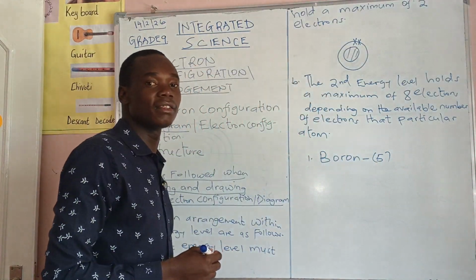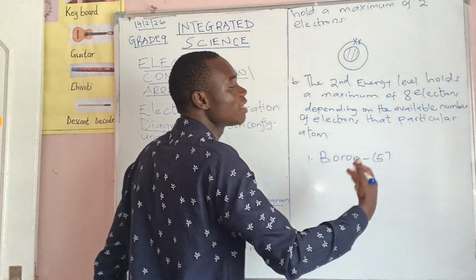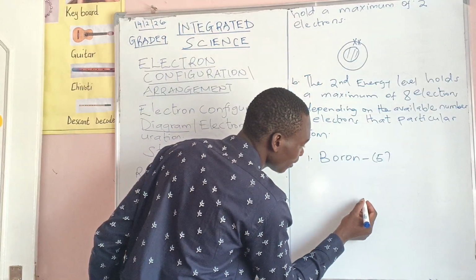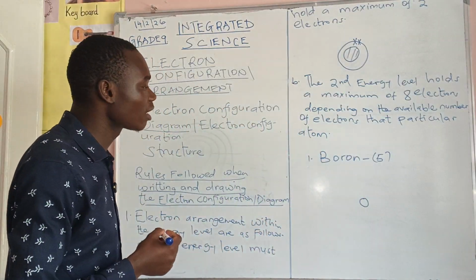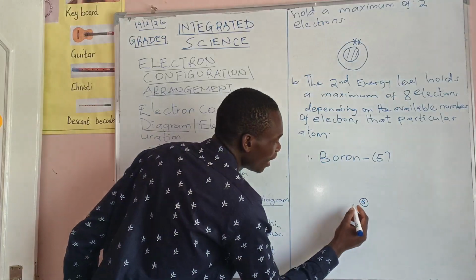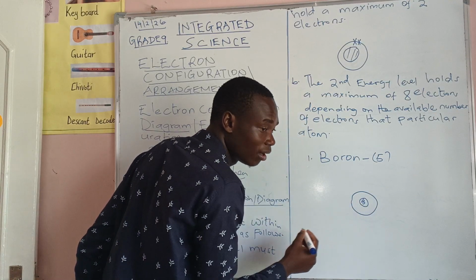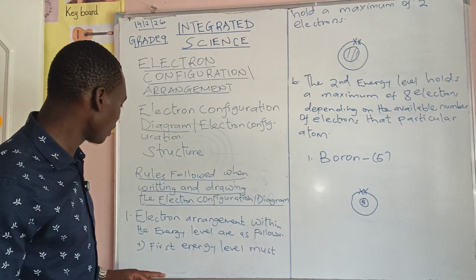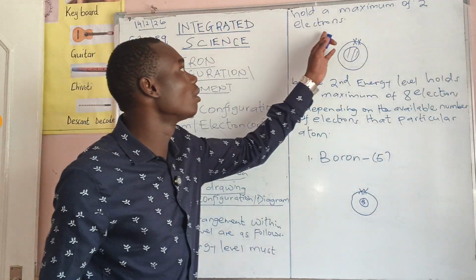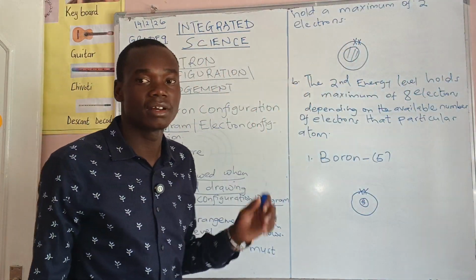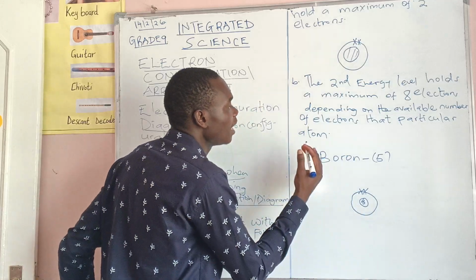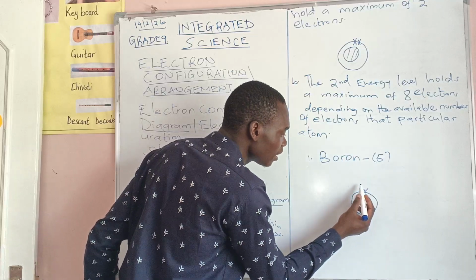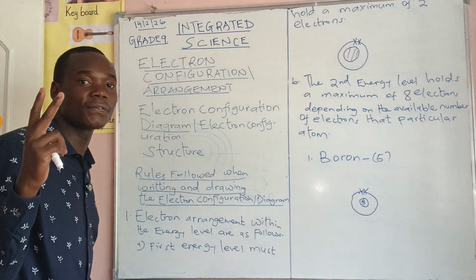If we want to arrange the electrons, we have said that the central part of an atom, the nucleus, must be present, and then followed by the first energy level having 2 electrons, because the first rule says that the first energy level must hold a maximum of 2 electrons, and you can see the representation.